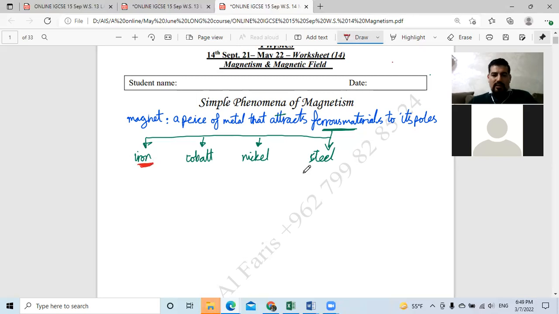The most important materials here are what? Iron and steel. Why iron? Because iron is temporarily magnetized, so I can use it to make an electromagnet.